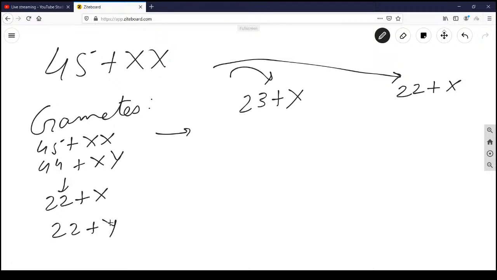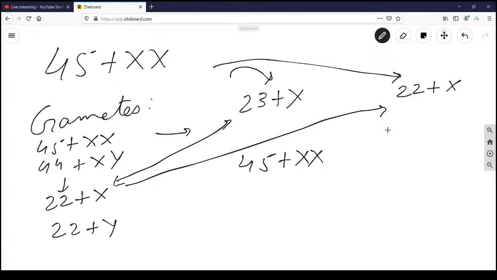Now, when 23 plus X goes with 22 plus X, it will become 45 plus XX, and when 22 plus X goes with 22 plus X, it will become 44 plus XX. Now this is diseased, this is normal.